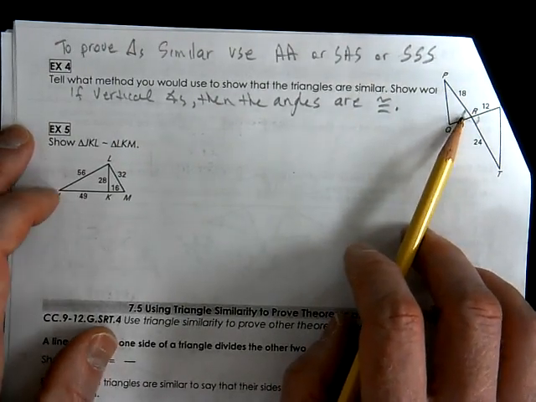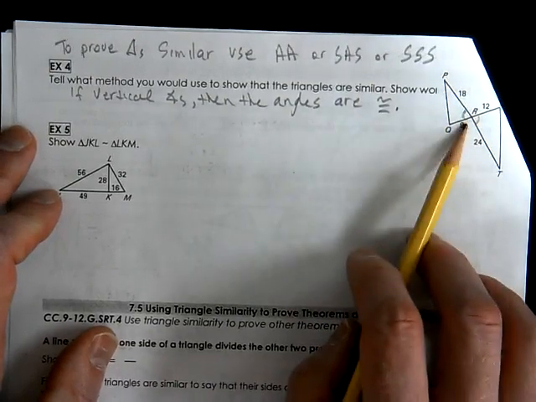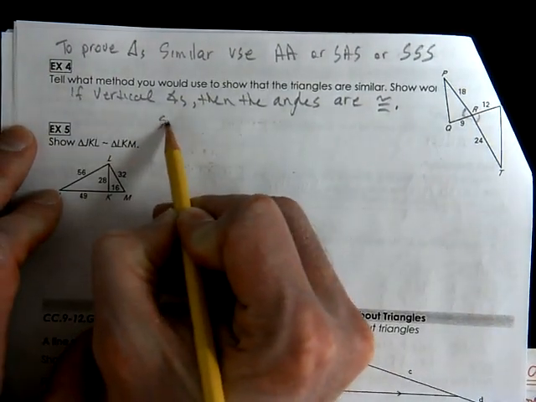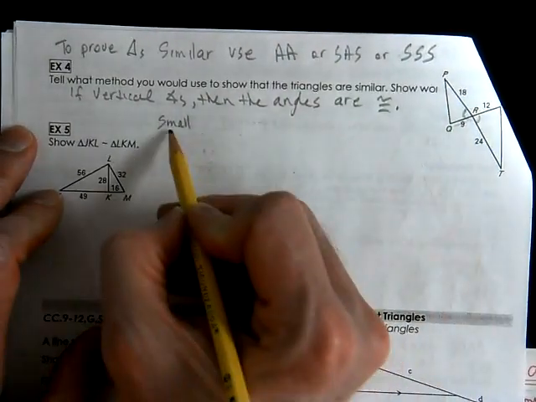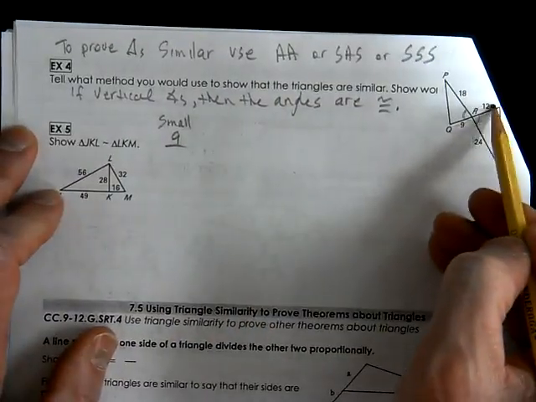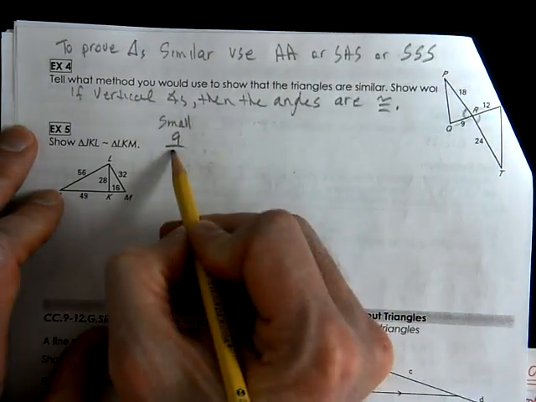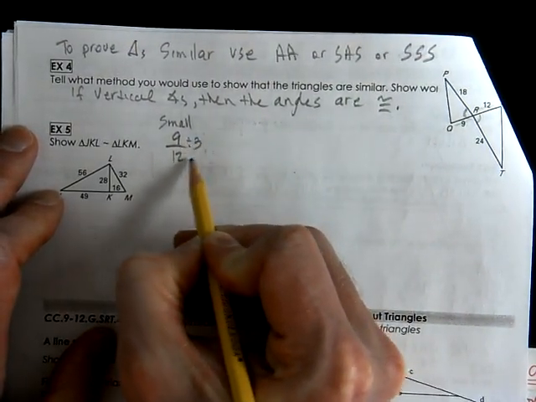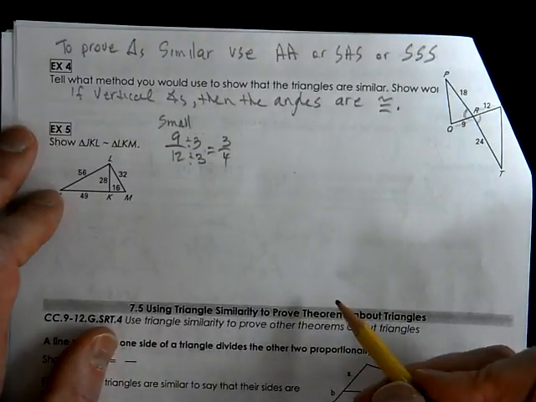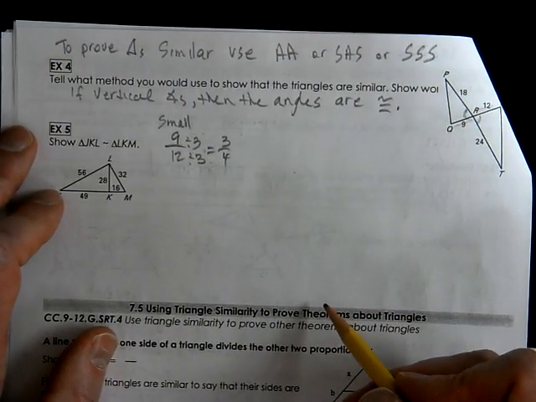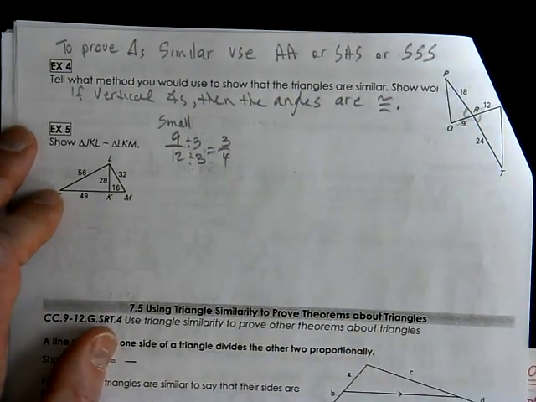So let's check our ratios. I'm going to take the small numbers. The small number of this triangle is 9. And the small number of that triangle is 12. And when I reduce this, I get 3 over 4. All by itself, that doesn't matter.